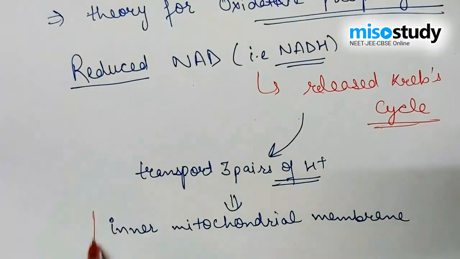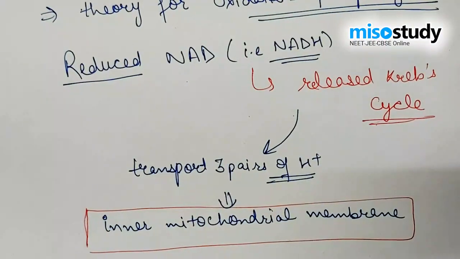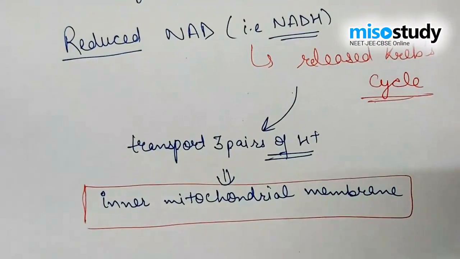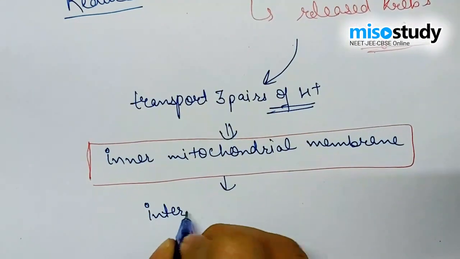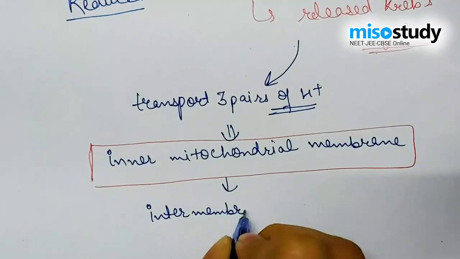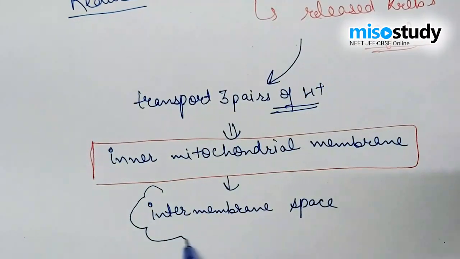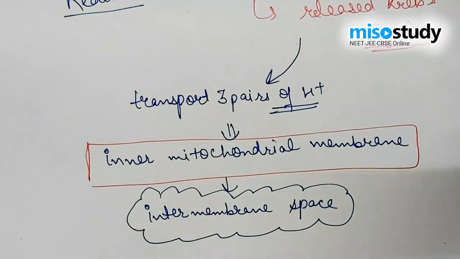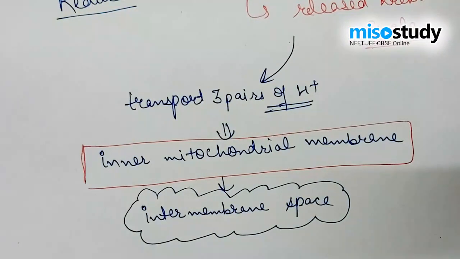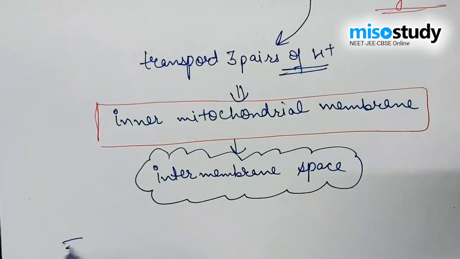They pass out through the inner mitochondrial membrane to the intermembrane space. As the question asks where they travel, they travel to the intermembrane space.